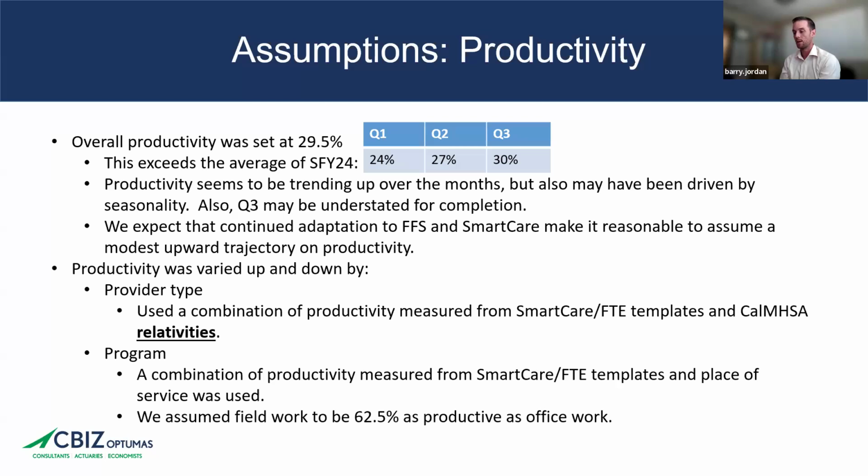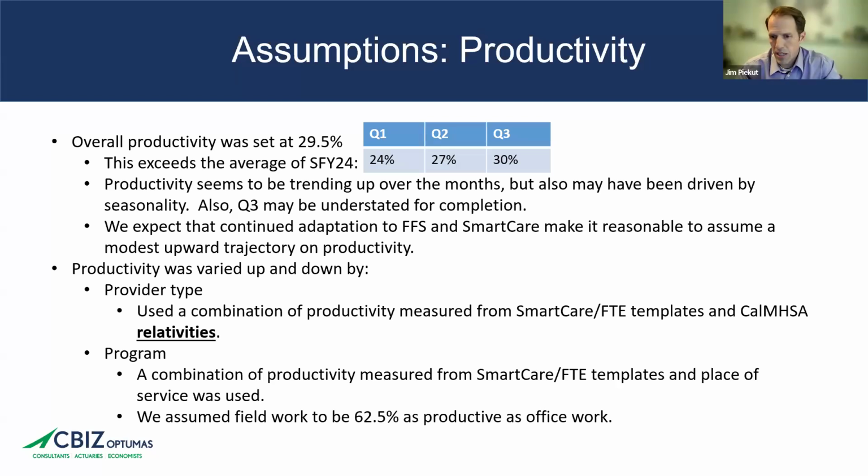So the way that this plays out is that the programs that have a higher concentration of field work would therefore have a lower productivity amount than that 29.5%, all else being equal. And the ones with higher office work would have a higher productivity amount built in than the 29.5%. So it basically shifts that 29.5% down or up depending on concentration of field versus office work.